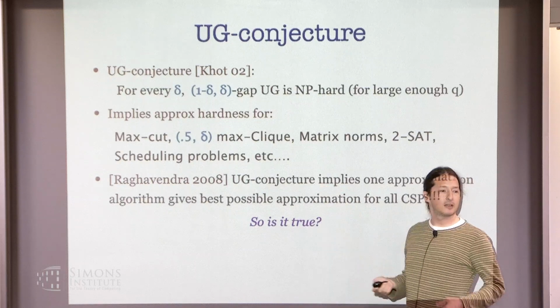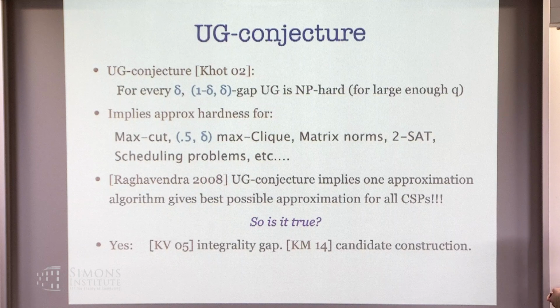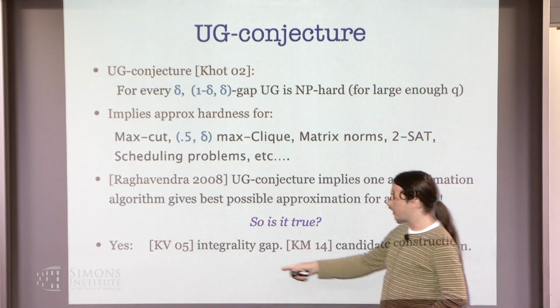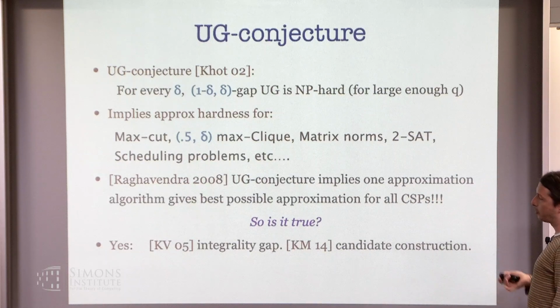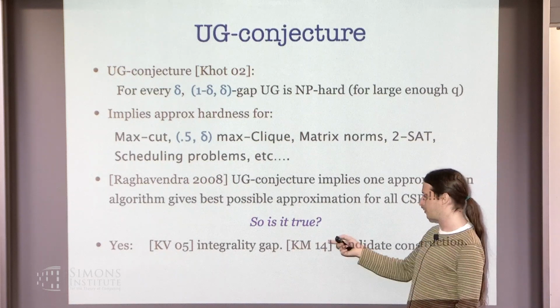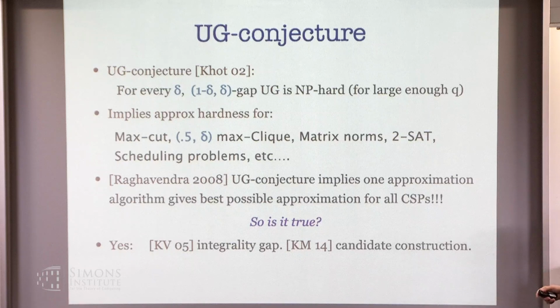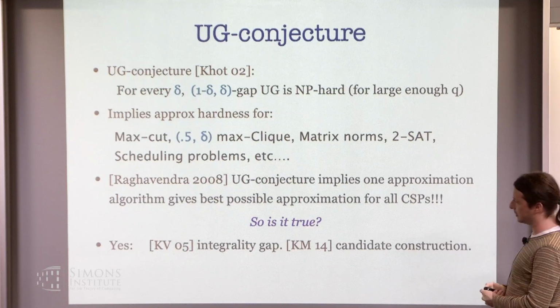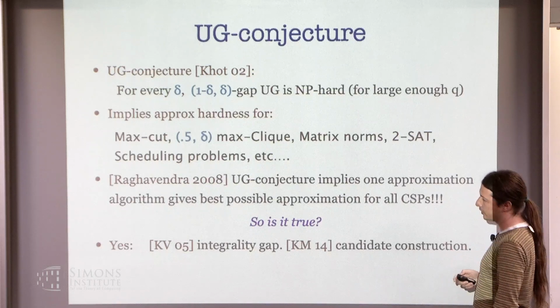So that makes the unique games conjecture interesting. We want to know if it's true. There are integrality gaps that point towards it being true. Khot and Moshkovitz have some candidate construction that if anyone manages to analyze, maybe it will give something towards the unique games, some weak version of it.